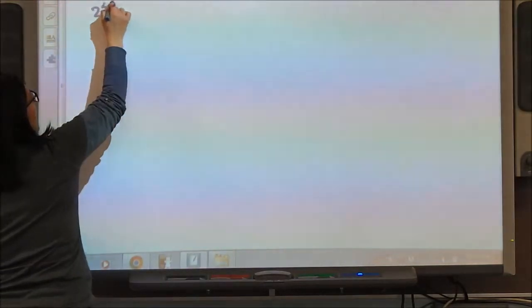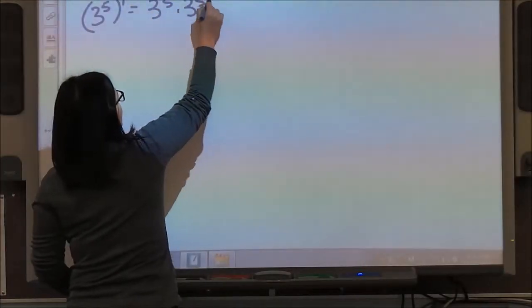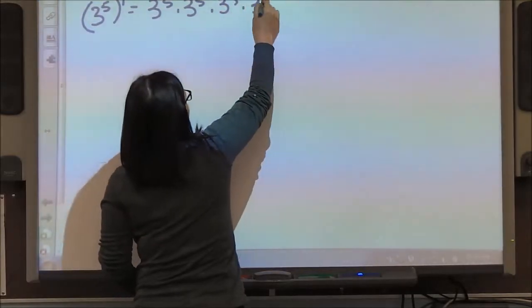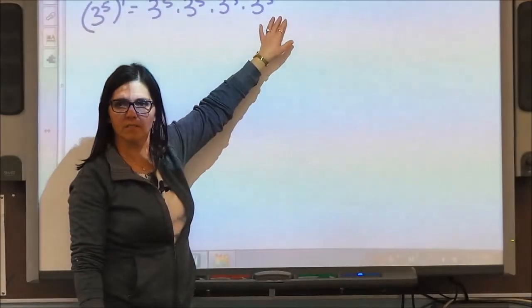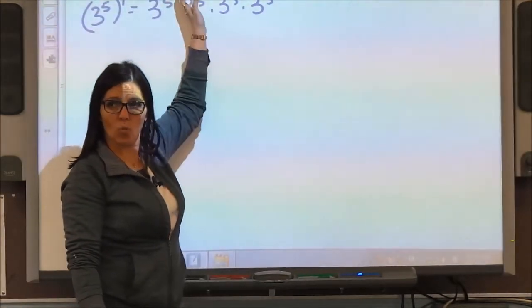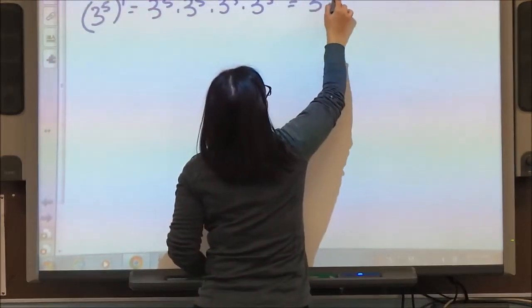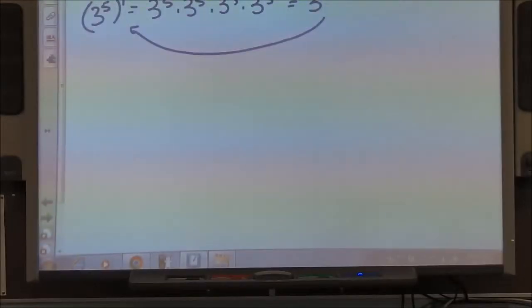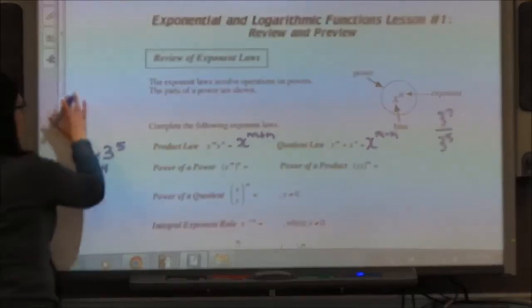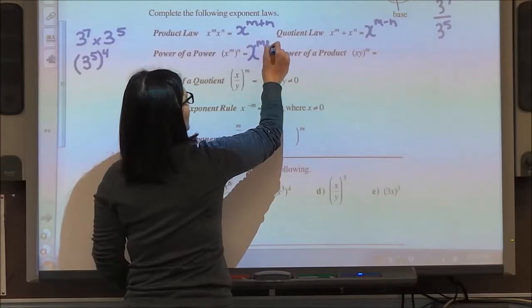So if I have 3 to the power of 5 4 times, my multiplication rule says I can do what to these exponents? So if I add them together, what do I get? 20. 20. Is there any way I can multiply them? So I can multiply the exponents. So this would be x to the power of m times n.